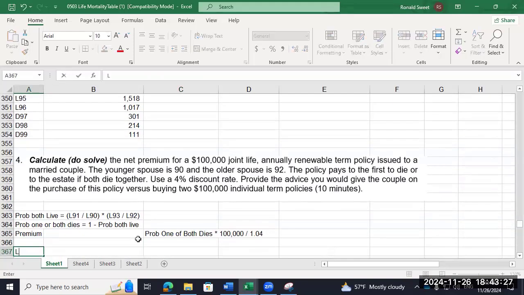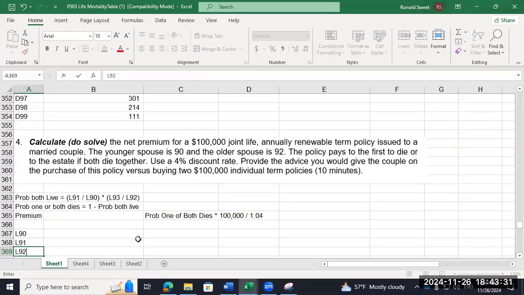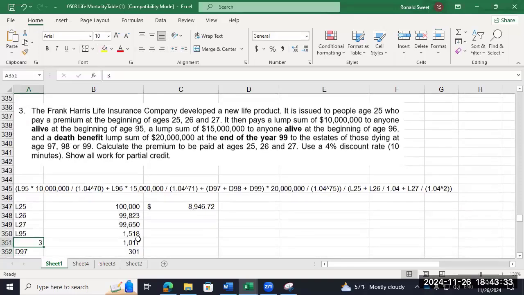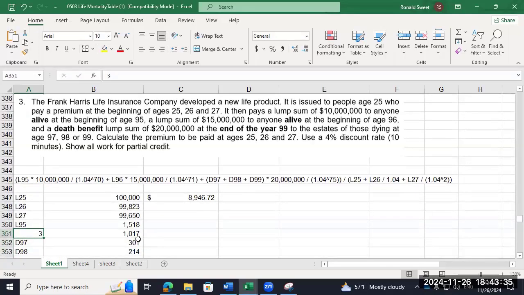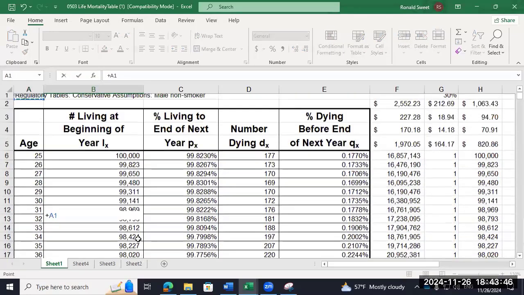So let's bring in L90, L91, L92, L93. I'll go grab those from the table.